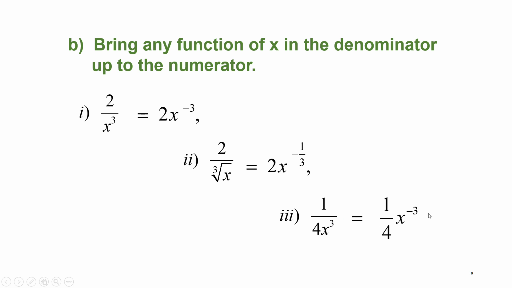And this is due to the laws of indices. If you have 1 over x power n, that is the same as x power -n. So if you want, you can go and verify using laws of indices.